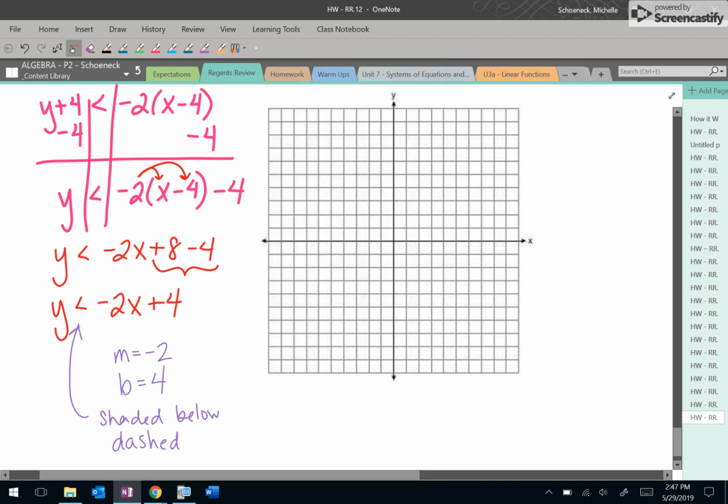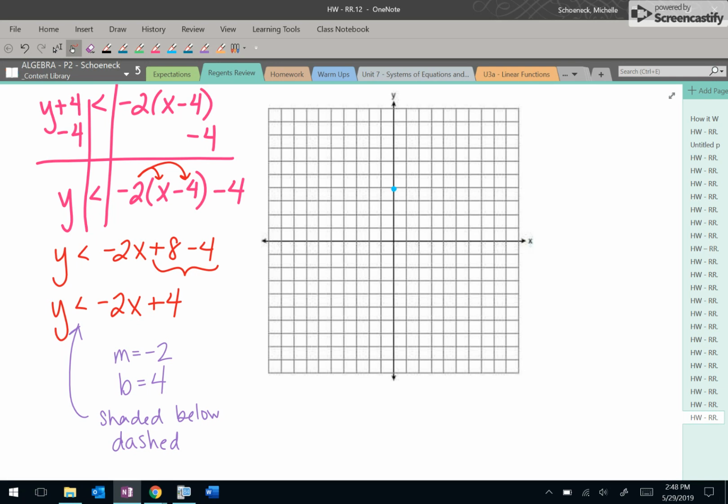But I'm going to start at +4 on my y-axis, and remember this is like -2 over 1, so this is down 2, right 1. So down 2, right 1 is right there, down 2, right 1, down 2, right 1, and we continue that pattern in both directions.